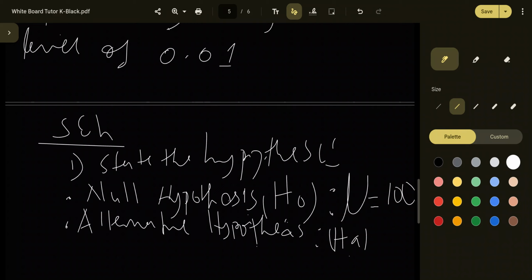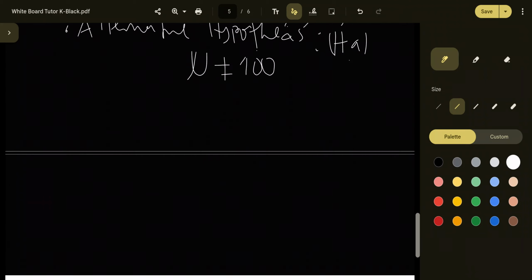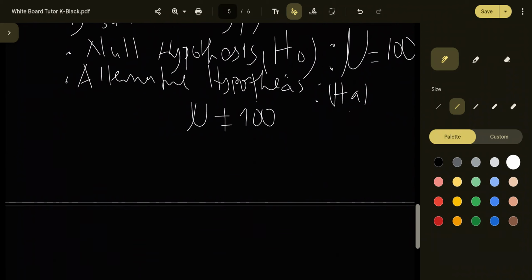Here mu is not equal to 100. So we want to know if there is another population that is not equal to 100, or it is equal to 100. In this case, the alternative is that the average IQ of a certain population is not equal to 100. So is this claim supported?